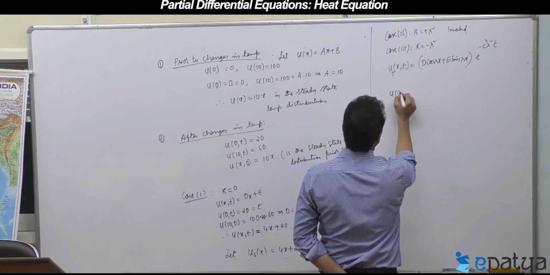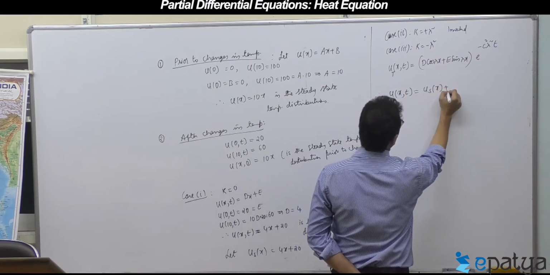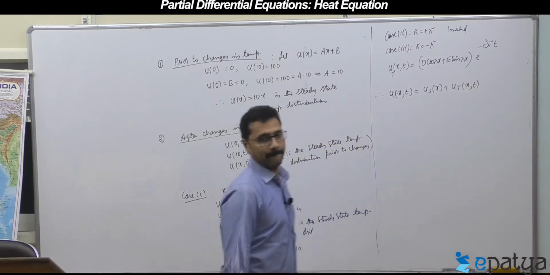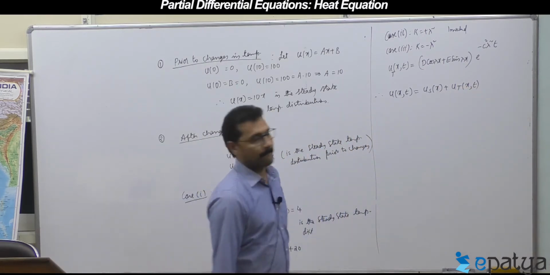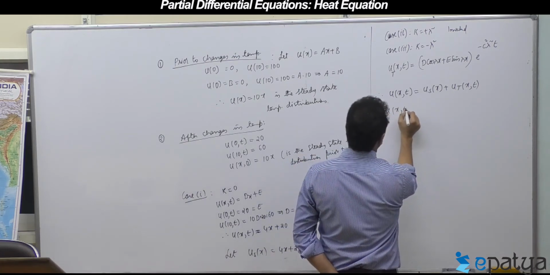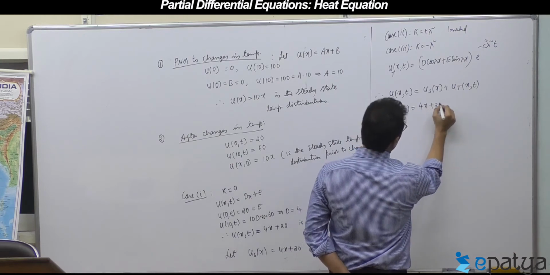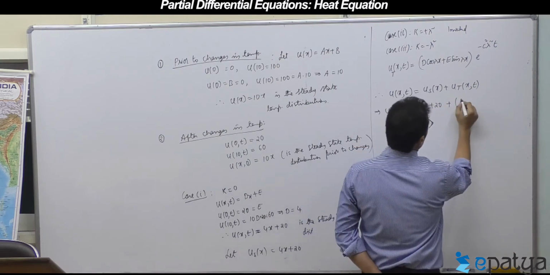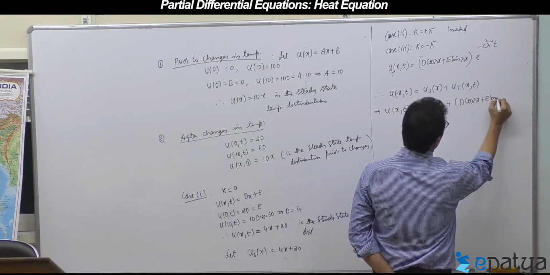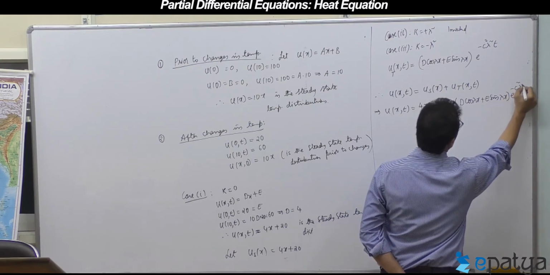Therefore, u of x comma t equal to us of x plus ut of x comma t. This implies u of x comma t equal to 4x plus 20 plus d cos lambda x plus e sin lambda x into e power minus c square lambda square t.